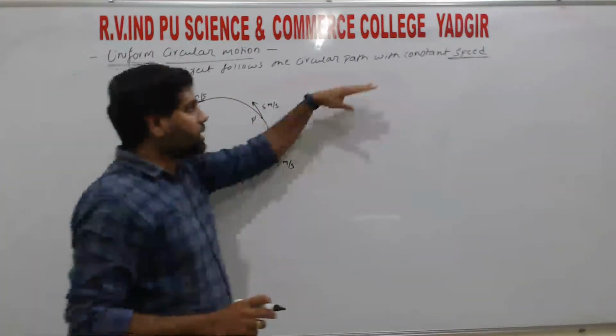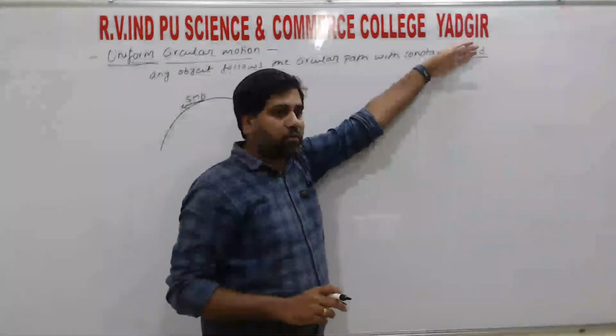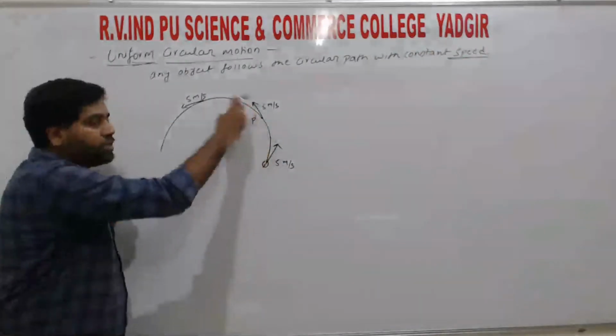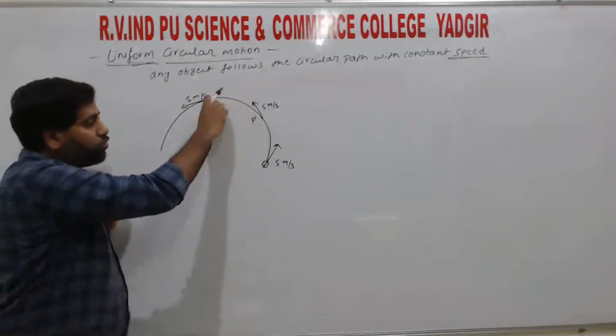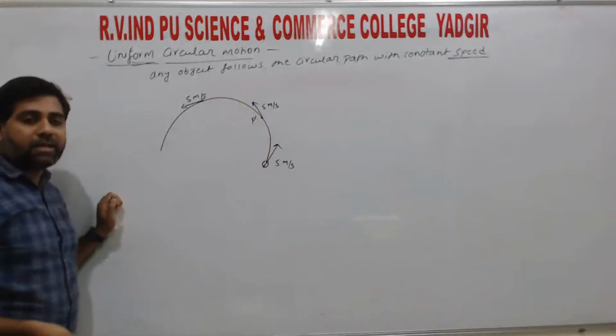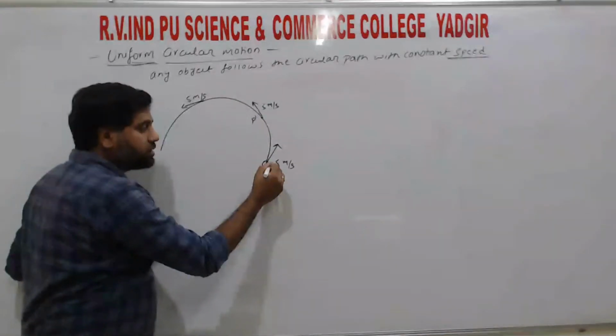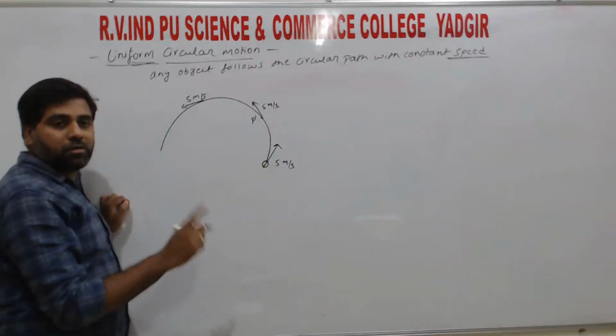If in place of speed we say constant velocity, it means there is no change in velocity, so the acceleration is zero. Here constant speed means the magnitude of velocity is constant.